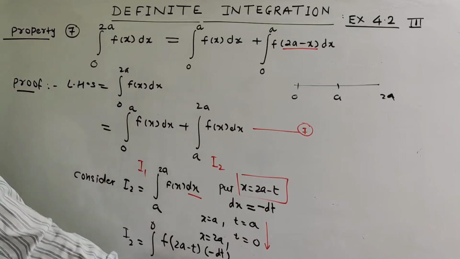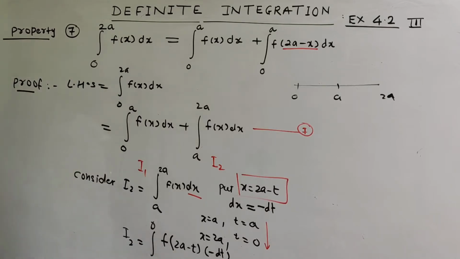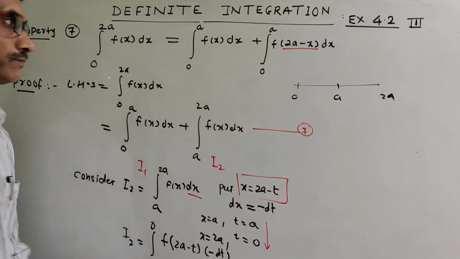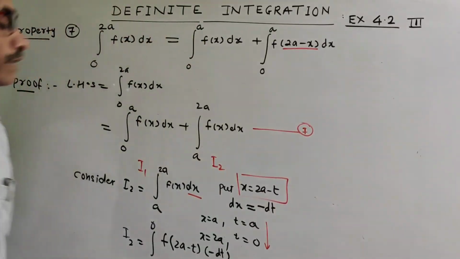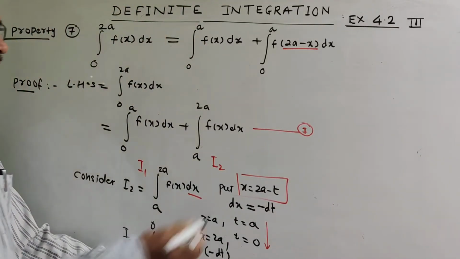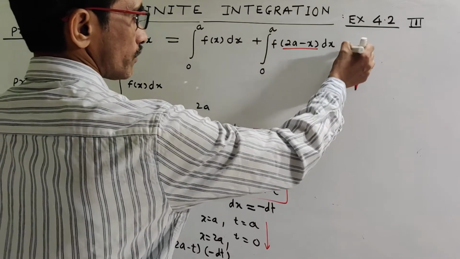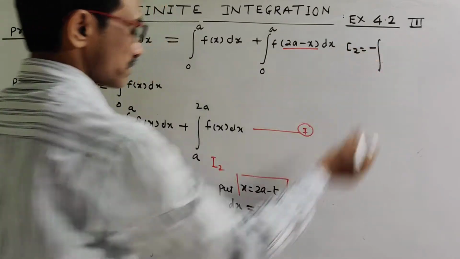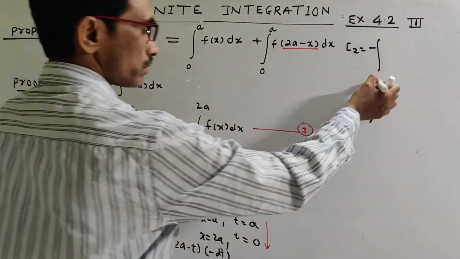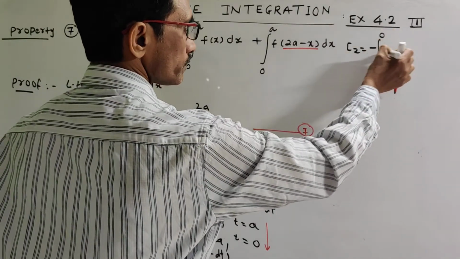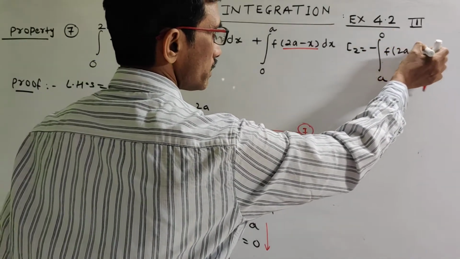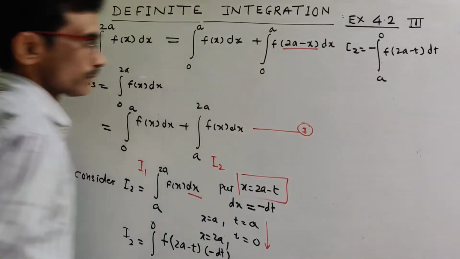Now this minus sign we write outside the integral sign, so I2 will be equal to minus integral a to 0 f(2a minus t) dt.